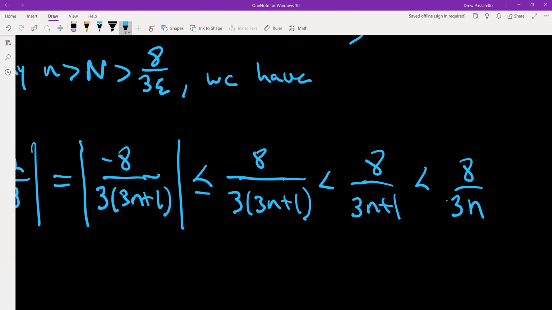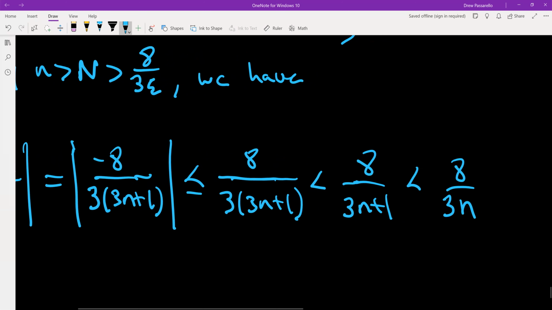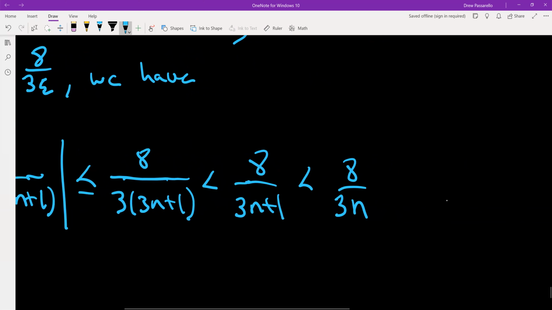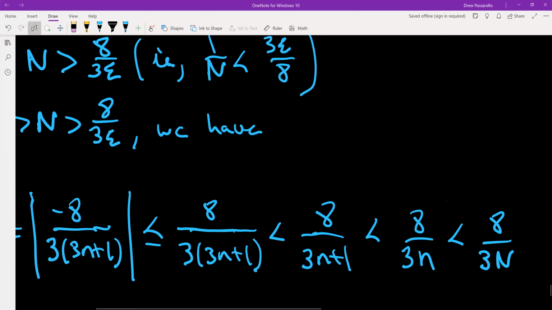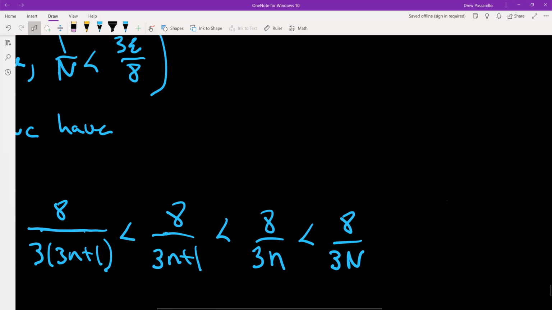But little n is bigger than capital N, so then 8 over 3 times little n is less than 8 over 3 times capital N. And then capital N is bigger than 8 over 3 epsilon. So 1 over capital N is less than 3 epsilon over 8.